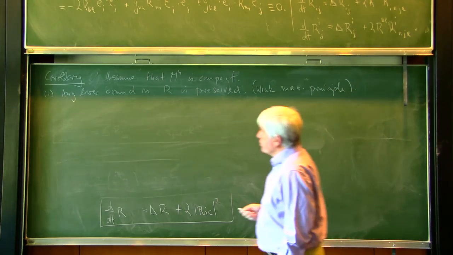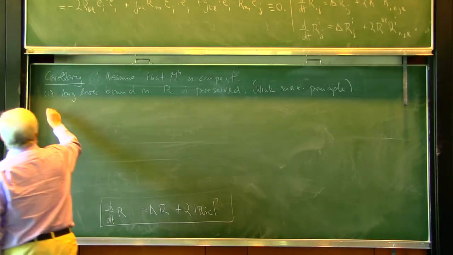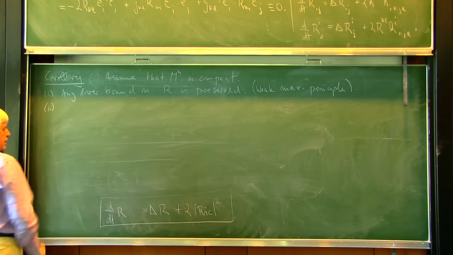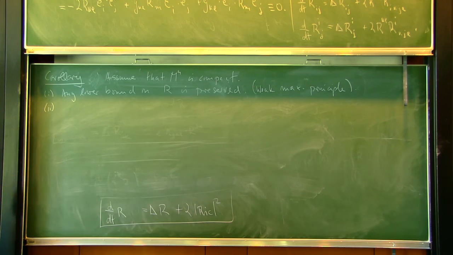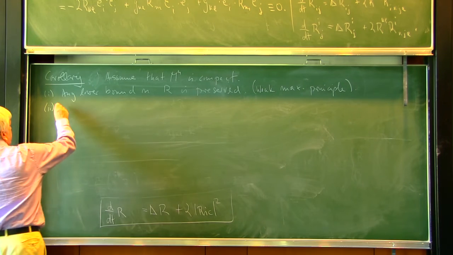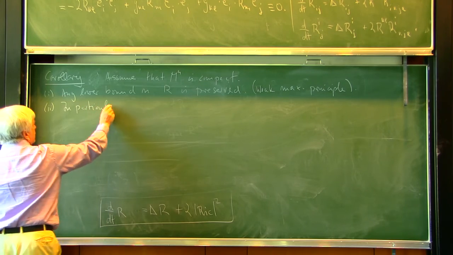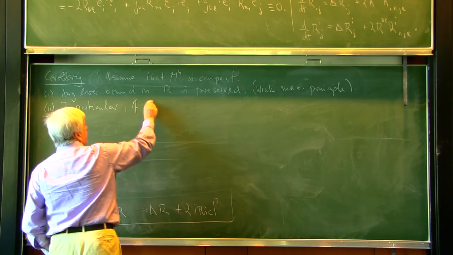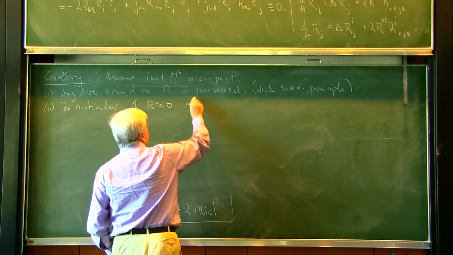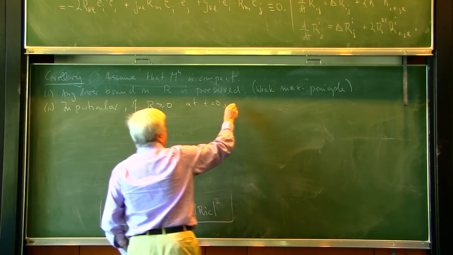In particular, in interesting cases, if the scalar curvature is non-negative, then it remains non-negative. If the scalar curvature is greater or equal to 0 at t equals 0, this remains.